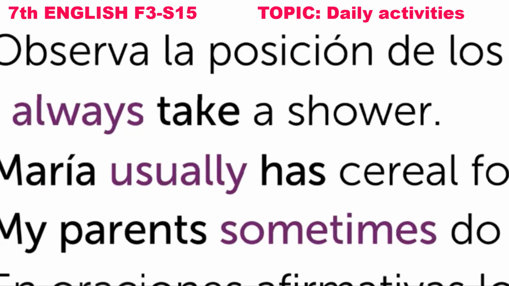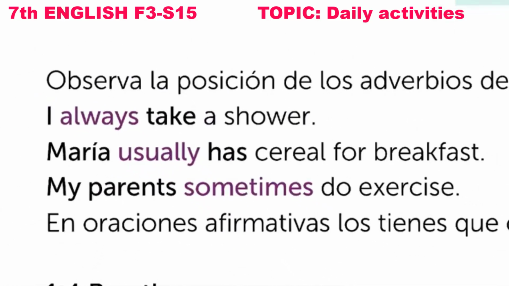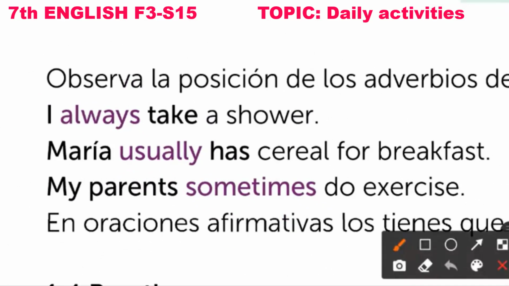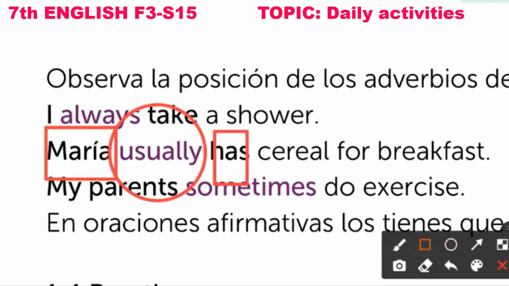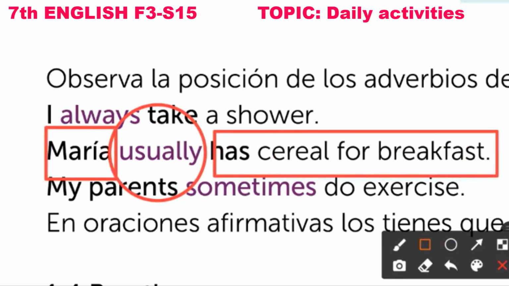Maria usually has cereal for breakfast. Okay? Here, Maria usually has cereal for breakfast. So, has, el verbo principal, desayuna cereal. María es el pronoun. Y justo antes del verbo has, que es el verbo principal, ¿qué es lo que va aquí?